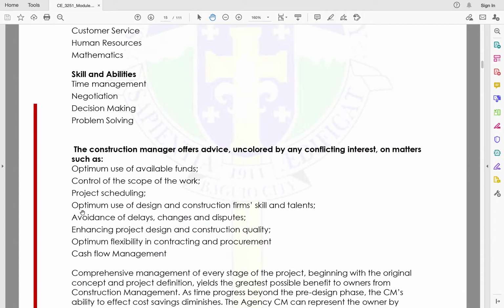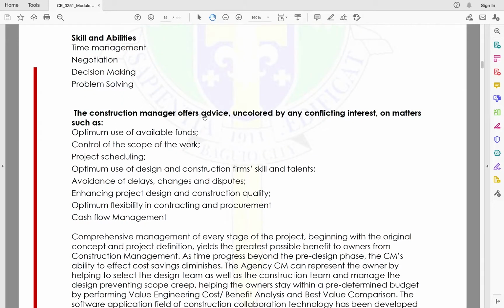Okay. So the construction manager offers advice uncolored by any conflicting interest on matters such as. So when we say uncolored by any conflicting interest, as a construction manager, you can be on the side of the contractor. Now, if you are on the side of the contractor, okay, so you should be fair, and you should also see the point of view of the client.